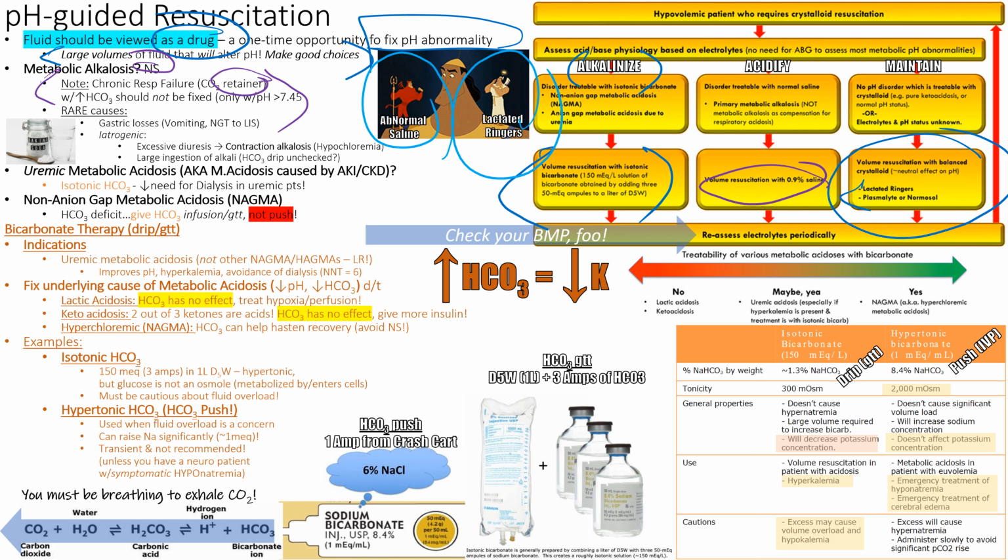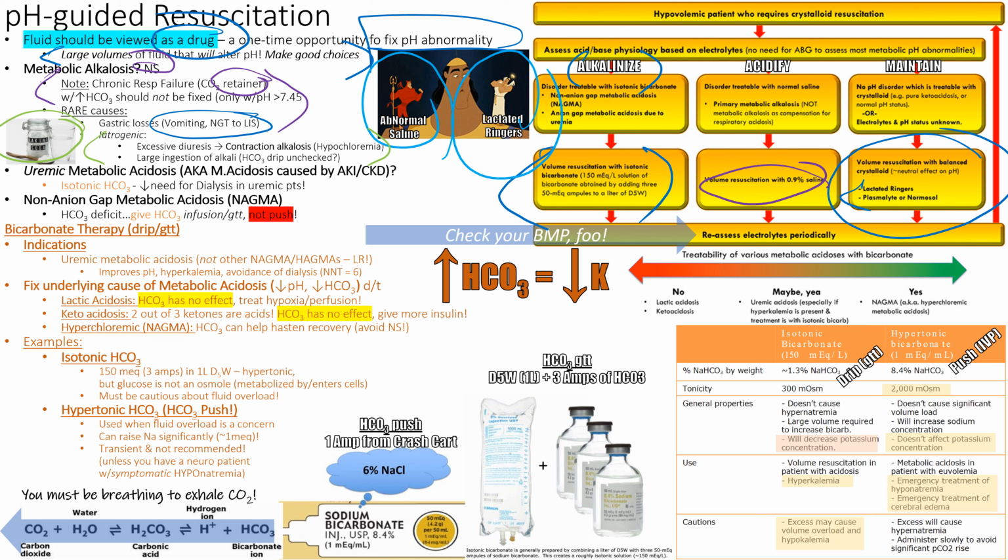Okay, so there are rare causes of a metabolic alkalosis. Someone downs some baking soda, some antacids. There's gastric losses, especially if we start losing some GI content, some hydrochloric acid from our stomach.